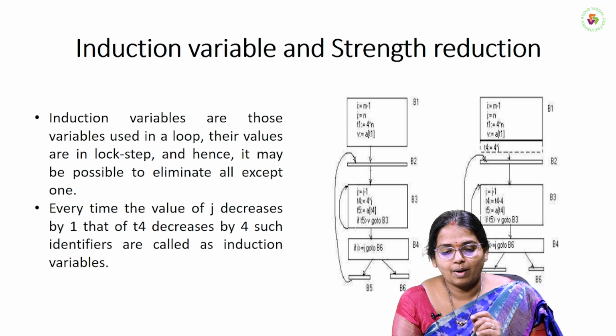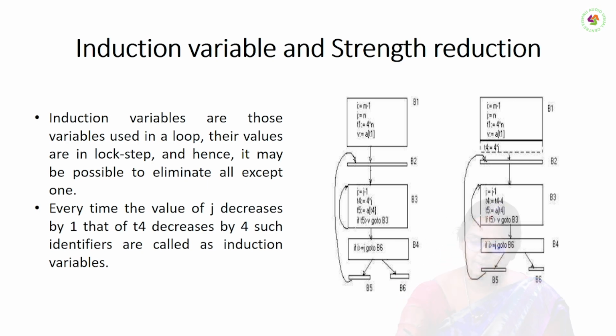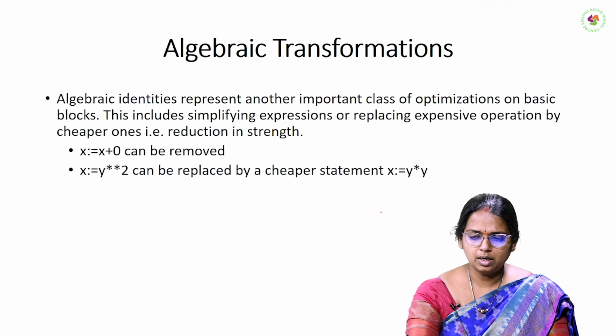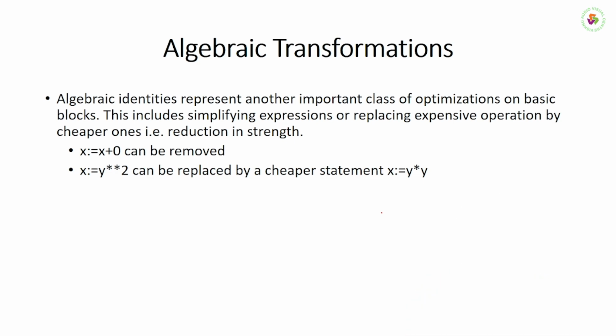Every time the value of j decreases by 1 and that of t4 increases by 4. So the j value is decreasing, which means every time it is multiplied by 4. If possible, try to represent statements, suppose x is equal to x plus 10, in a simpler form.